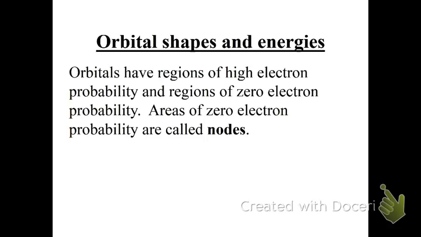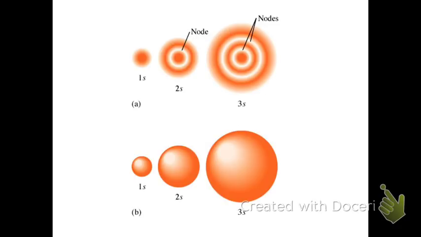Orbitals have regions of high electron probability and regions of 0 electron probability. The areas of 0 electron probability we call nodes. So there we have some pictures that show that.